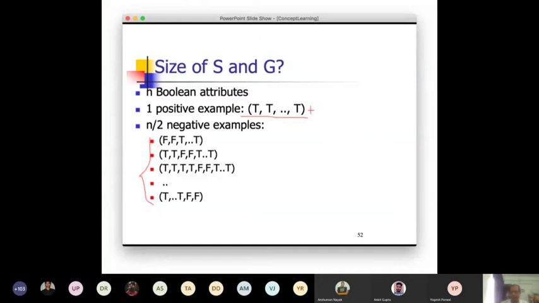If you apply the candidate elimination algorithm, that would be more clear to you. So can anyone tell me?